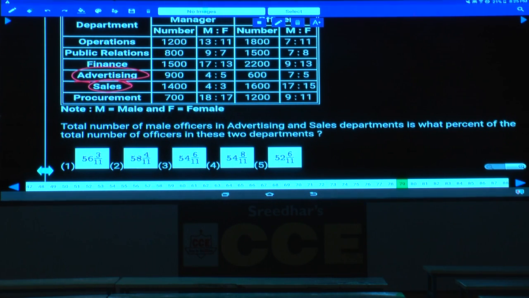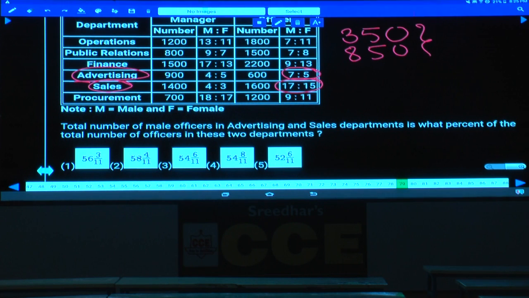Male officers. Officers, second one. 12 parts 500. Each part 50. 7 parts 350. 32 parts 1600. Each part 50. 17 parts 850.